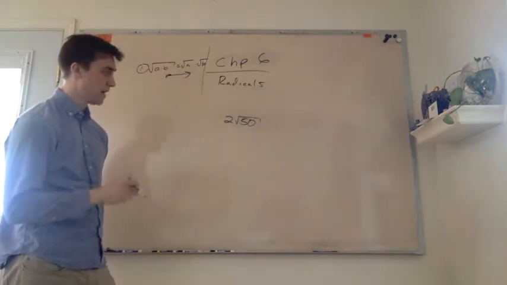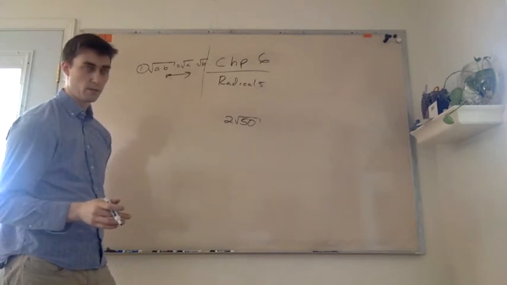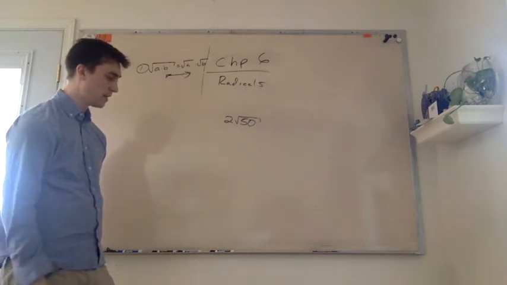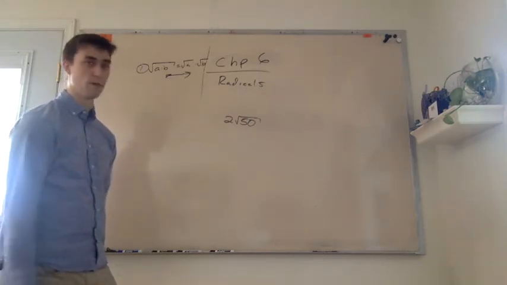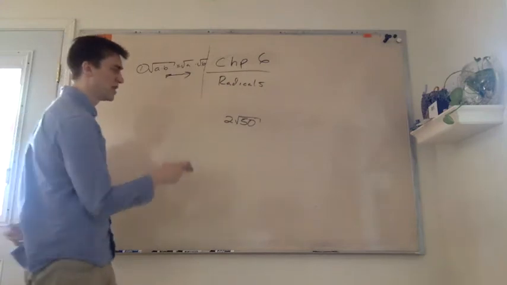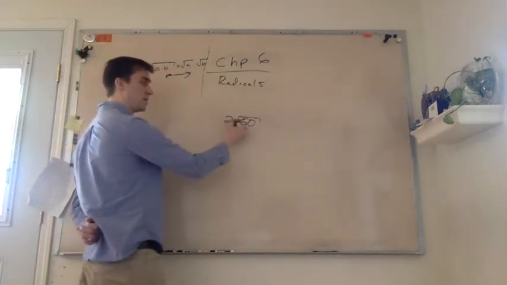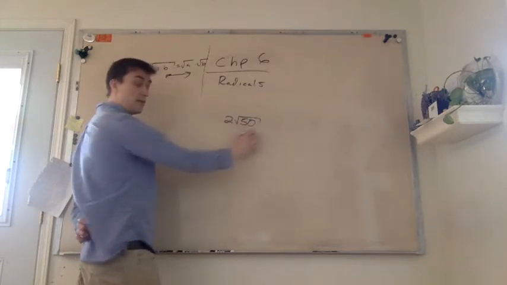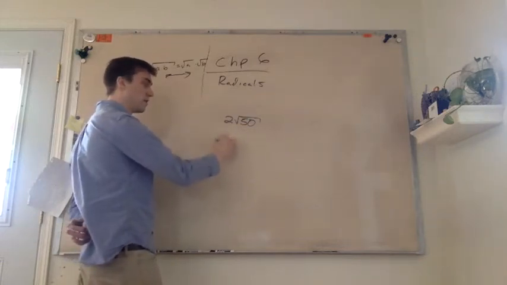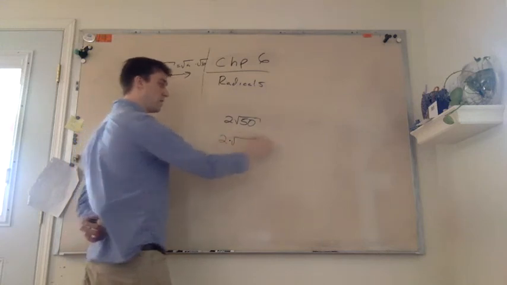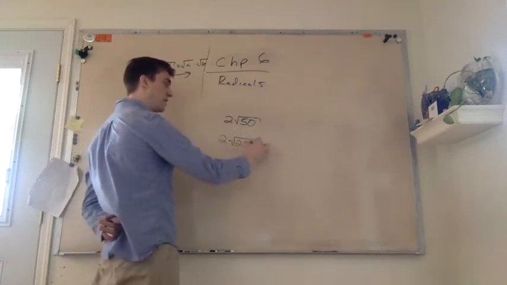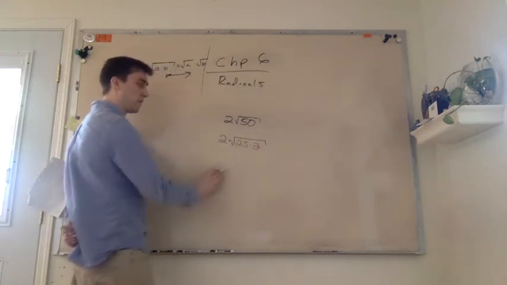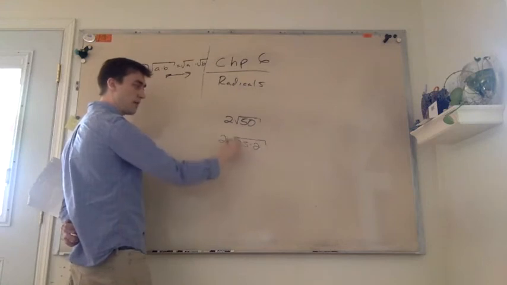Simplify 2 times the square root of 50. This is a skill that I've seen a lot of people get confused on at this point, when you need to use it for addition and subtraction. So I wanted to address it right now. This is 2 multiplied by the square root of 50. The square root of 50 can be simplified. So this is what you do: 2 multiplied by the square root of 25 times 2.